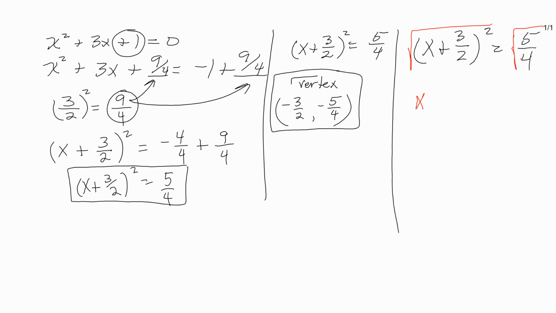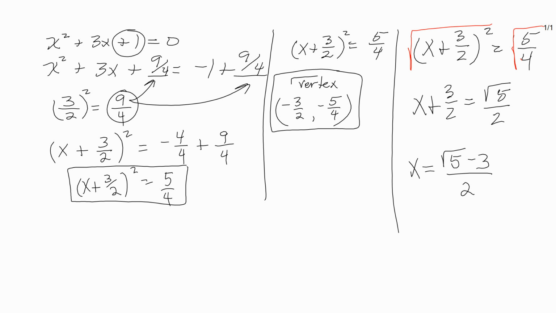X plus 3/2 equals square root of 5 over 2. And x is equal to square root of 5 minus 3 over 2.